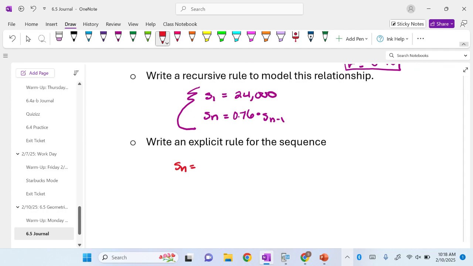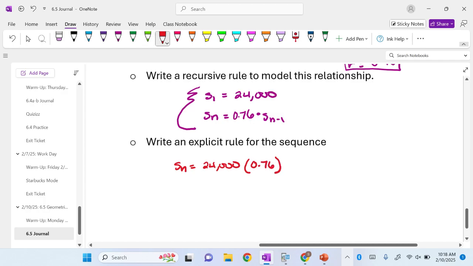What's my first term? 24,000 times what comes next? 0.76, and it's all raised to what? N minus 1. That's all you got to do. So that problem was a bit more of a thinker, but it also applied something that we already learned in this class.